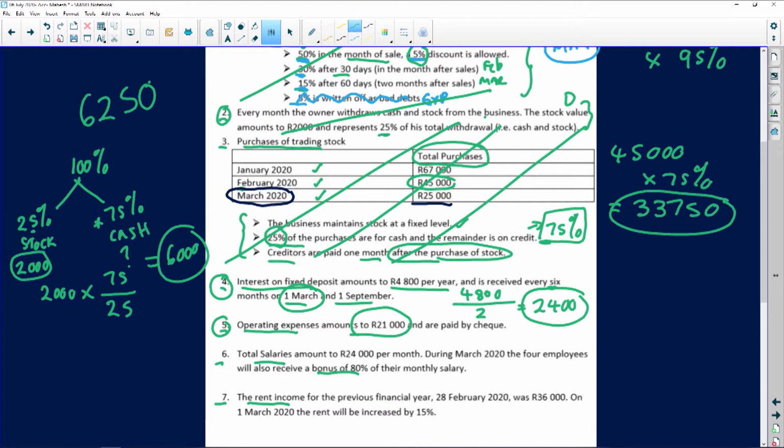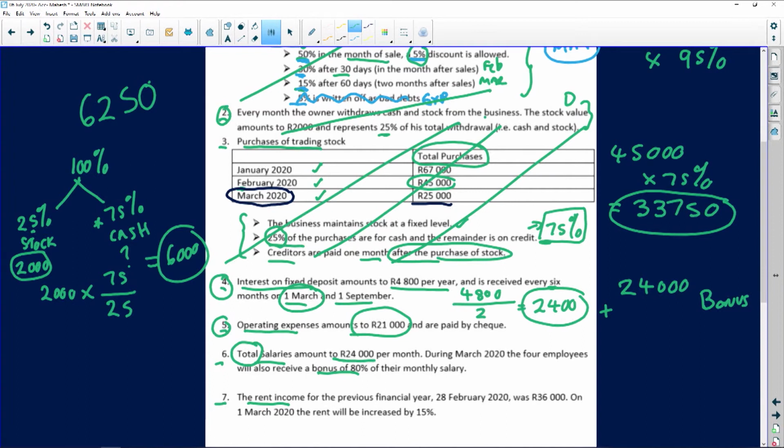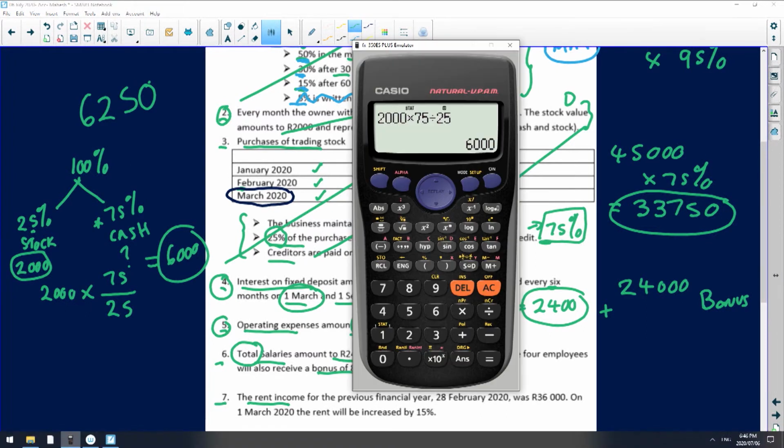Remember guys, we've got 4 workers and the total salary, not the salary earned by each worker, but the total salary for our 4 workers is 24,000. So they're going to receive a bonus, and that bonus is 80% of their monthly salary. Now, no need for you to calculate the monthly salary. All I need to do is take the total earned by my 4 workers, which is 24,000.